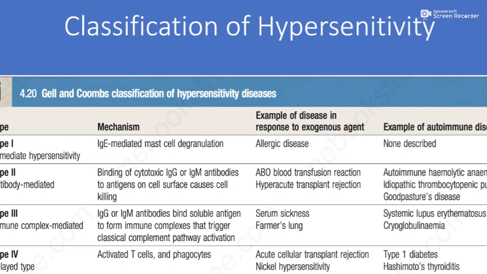Classification of hypersensitivity. You have type 1 hypersensitivity, which is an IgE-mediated mast cell degranulation, such as allergic diseases, and it does not result in autoimmune disease.